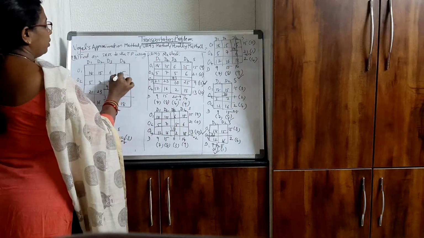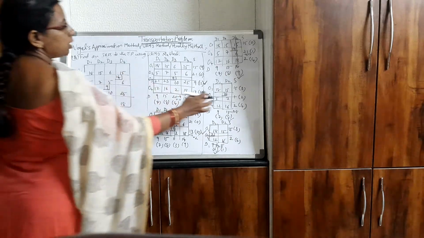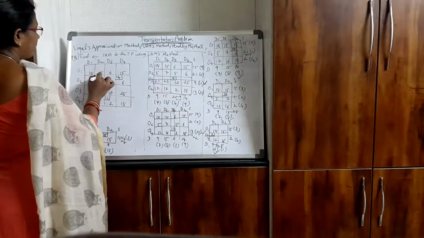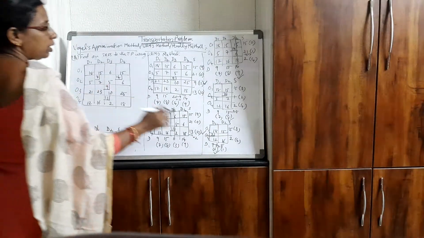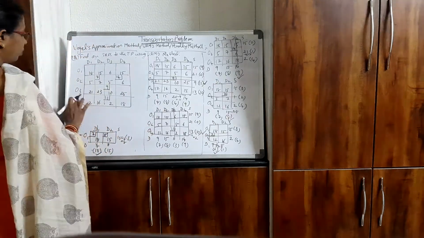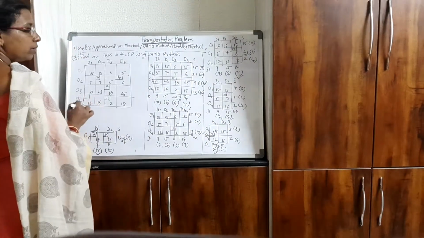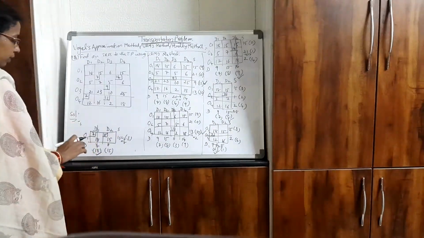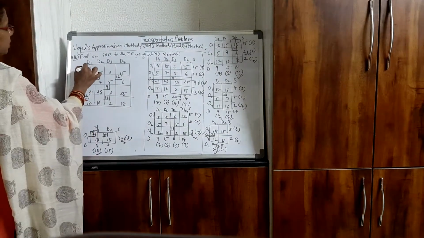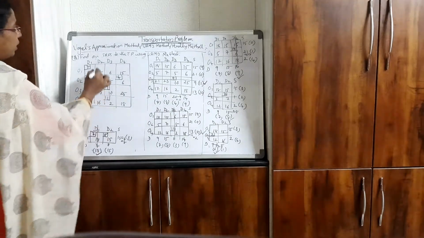This is 14. Next allocation is here. That is O2, D2. I have 7 here. Then here means O4 and D1. O4, D1, here I have as 2. Then O1, D1, I have 7. O1, D2, 8.